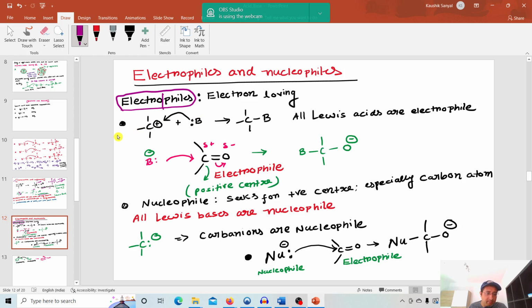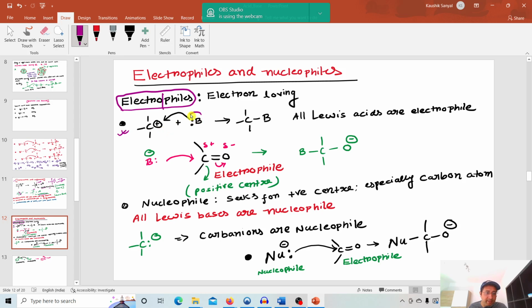As we said on the previous slide, in a carbocation, the carbon atom has a positive charge on it. Due to that positive charge, it always tries to get neutralized, so it has a huge tendency to attract electrons from others.